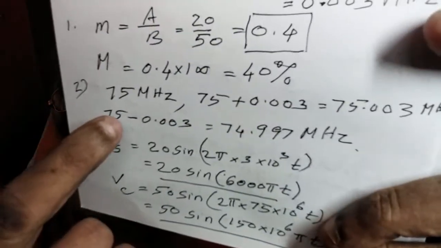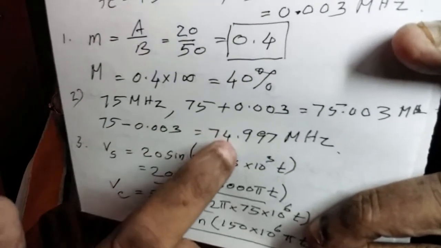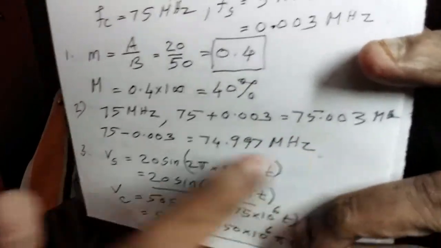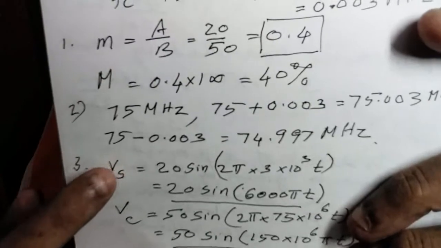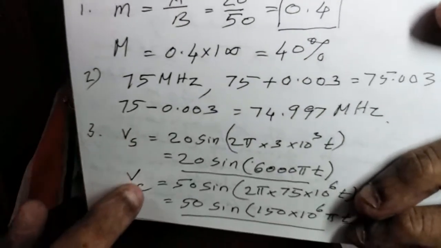Third is 75 minus 0.003, that is 74.997 megahertz.